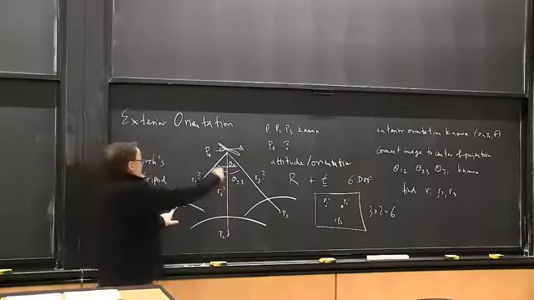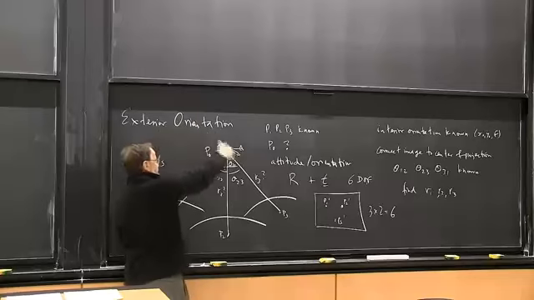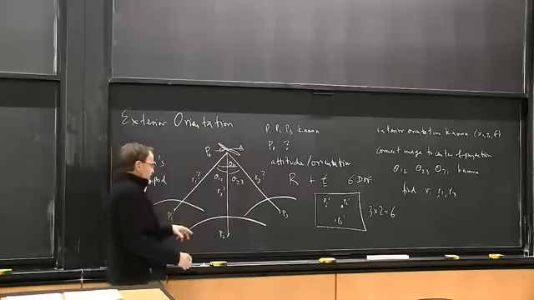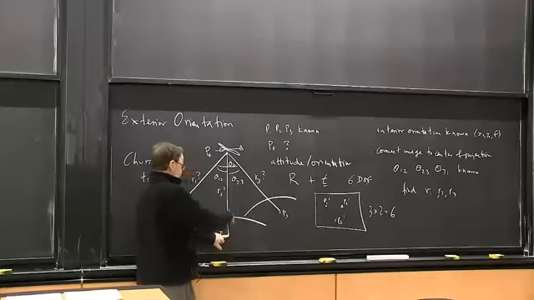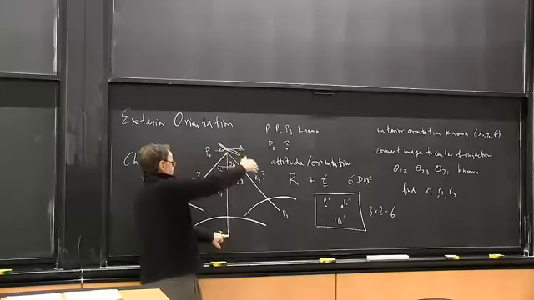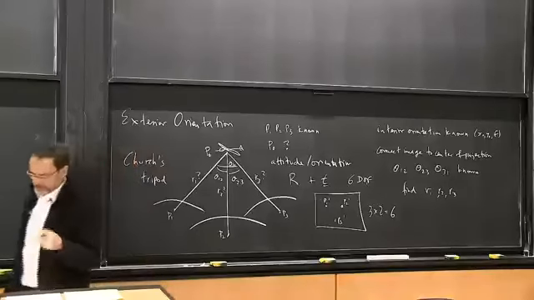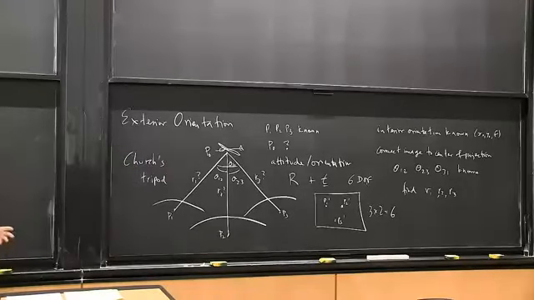So if we know R1, we know that the plane is on a sphere with radius R1 about the point P1. If we know R2, we know it's on a sphere with radius R2 about point P2, and two spheres intersect in a circle. So we're not done. We haven't quite solved the problem.